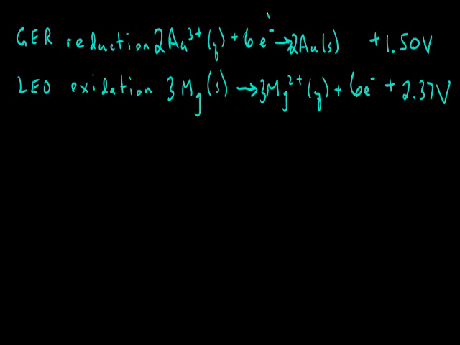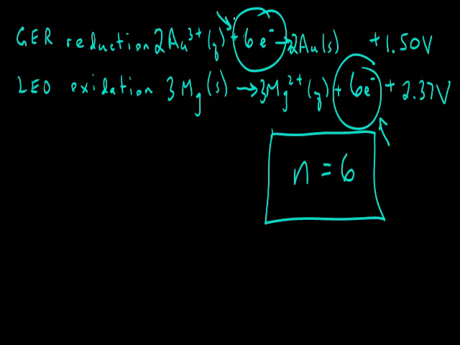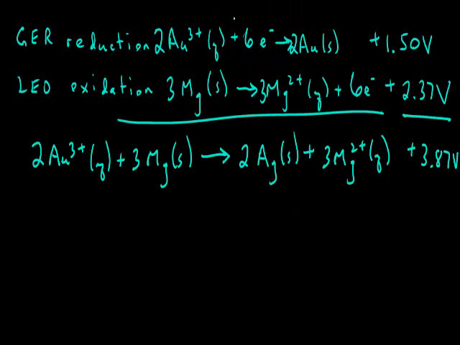When we go to use the Nernst equation now, because the number of electrons being gained and lost is 6, our value for N for this particular combination of half reactions would be 6, as the N in the Nernst equation represents the number of electrons being gained and lost once we have the equation balanced. Combining the 2 half reactions gives us our overall balanced equation, and also gives us a positive voltage, positive 3.87.